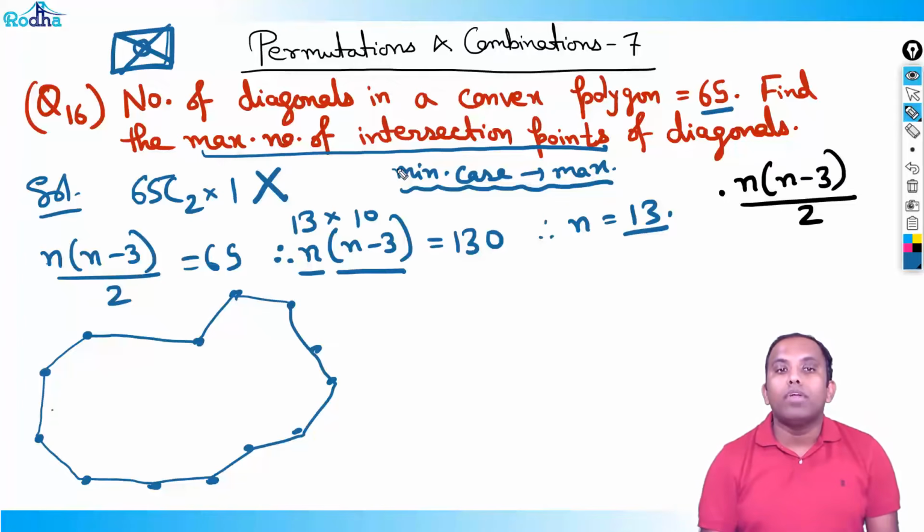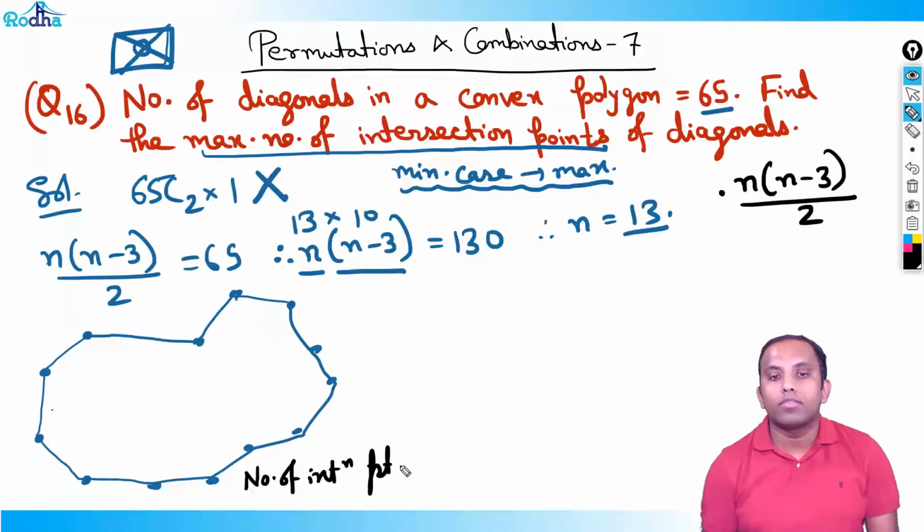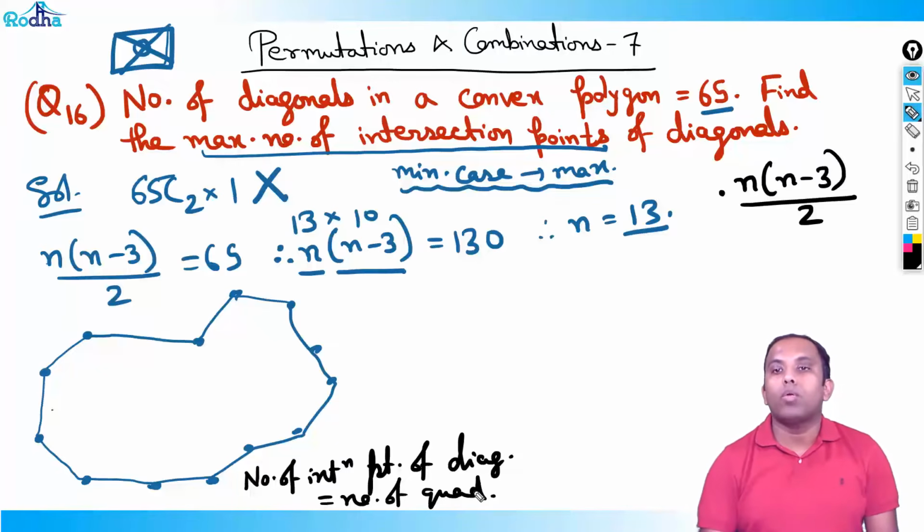So the number of intersection points of diagonals is equal to the number of quadrilaterals, right? How many quadrilaterals can we form here? There are 13 points.